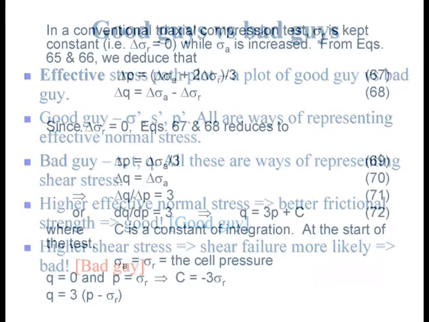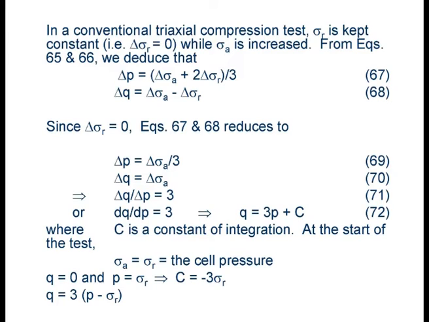Right, in a conventional triaxial compression test, you'll notice that in fact the lateral stress, which is the radial stress, is kept constant. So as a result, you can say that delta sigma r is 0, while the axial stress is increased. Now you can deduce incrementally from the triaxial test.